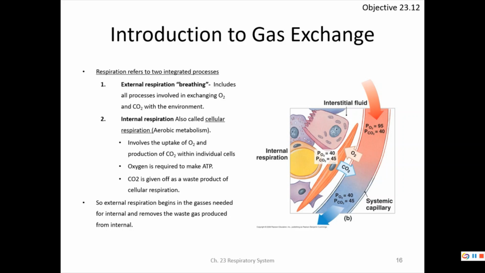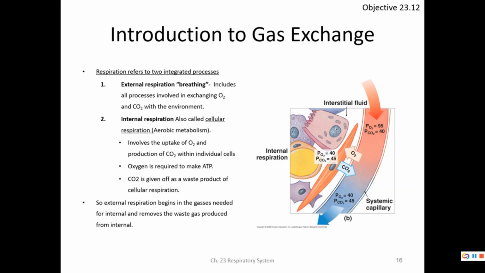So the uptake of oxygen and production of CO2 occurs from the biochemistry of the cells. And oxygen is needed, and CO2 was the waste product that we gave from that. So that was some important things we talked about in A&P1.